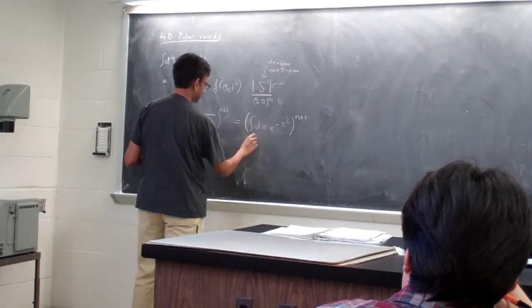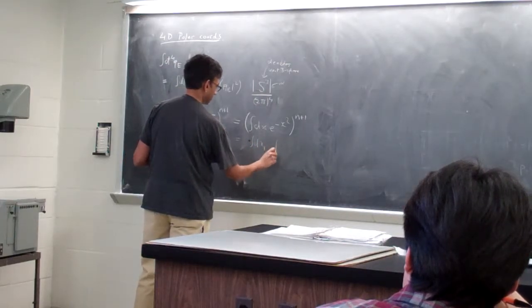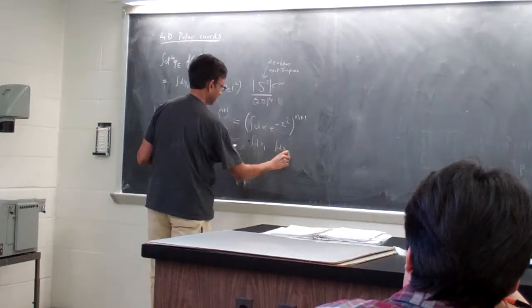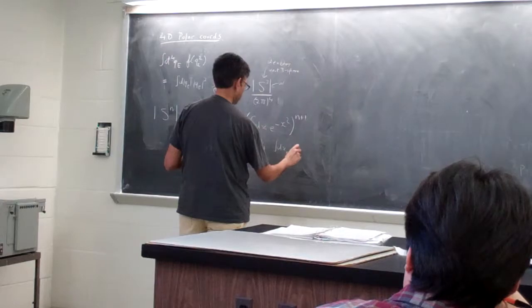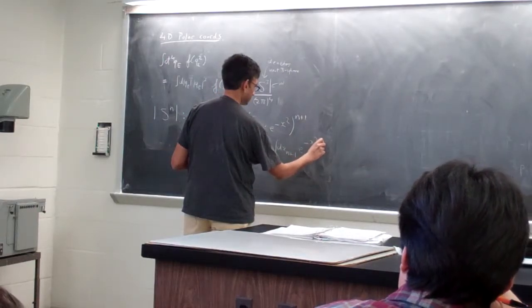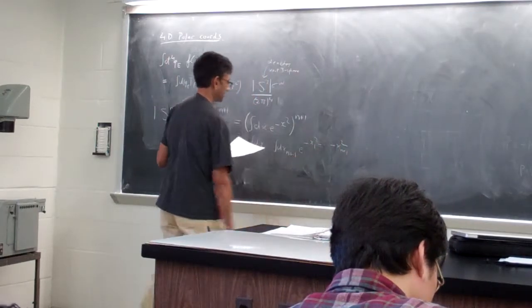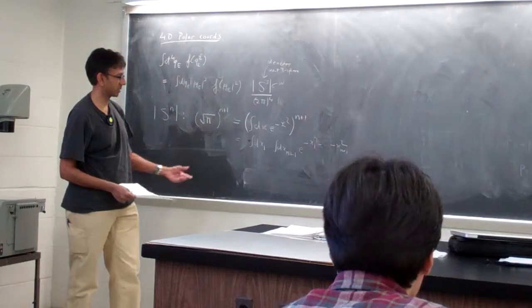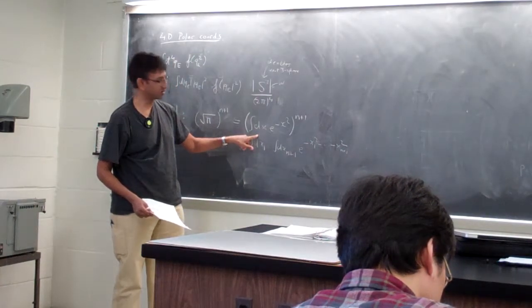This can be written as the integral dx1, ..., integral dx_{n+1}, e to the minus x1 squared minus ... minus x_{n+1} squared. Okay? Because all I've done is I've written out this factor n plus 1 times.